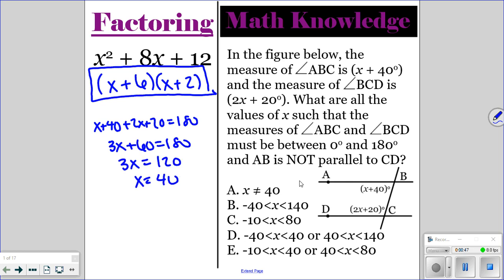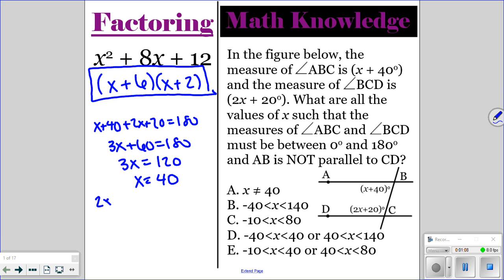So we're not going to pick just A because it wants to know all of the values that would make it not parallel. The other thing that we have to check for is that our 2x + 20 and our x + 40 are positive angles.